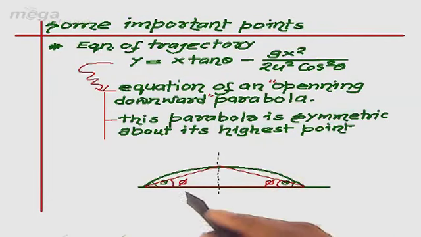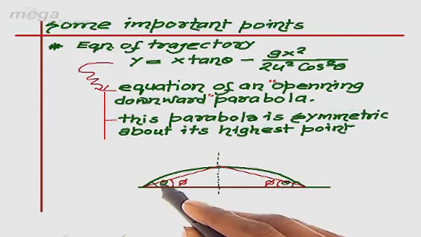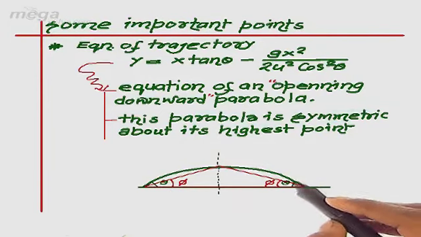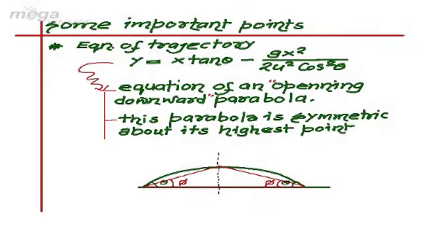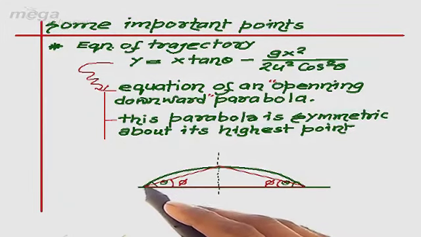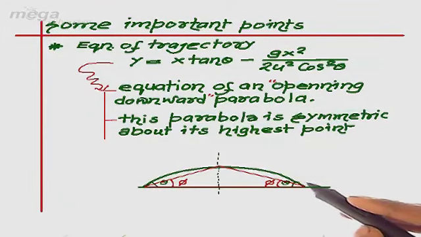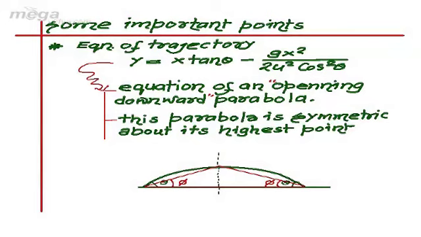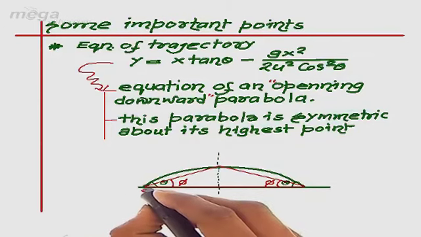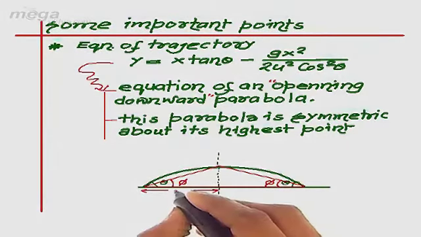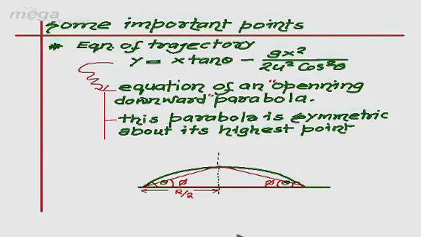Here you can see that the angle of projection is equal to the angle of landing, and its highest point subtends equal angles phi at the point of projection and point of landing also. So we can say that if this projectile has range R, then obviously this distance is R by 2, range upon 2.